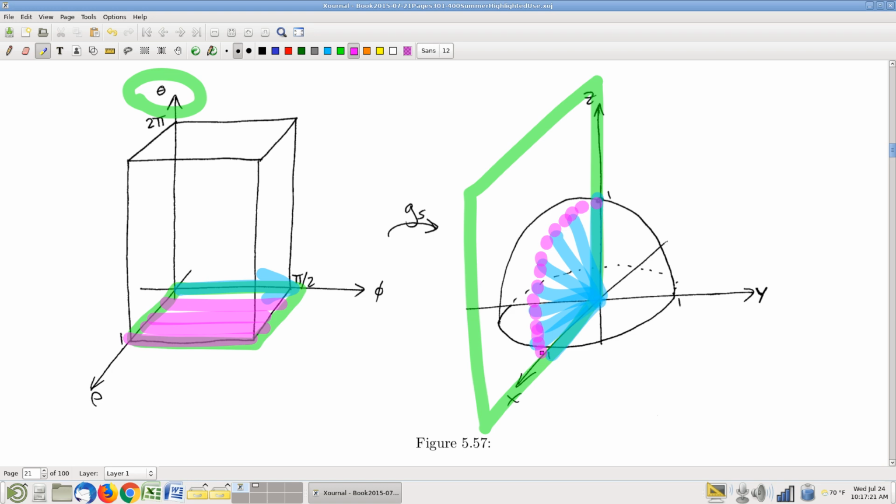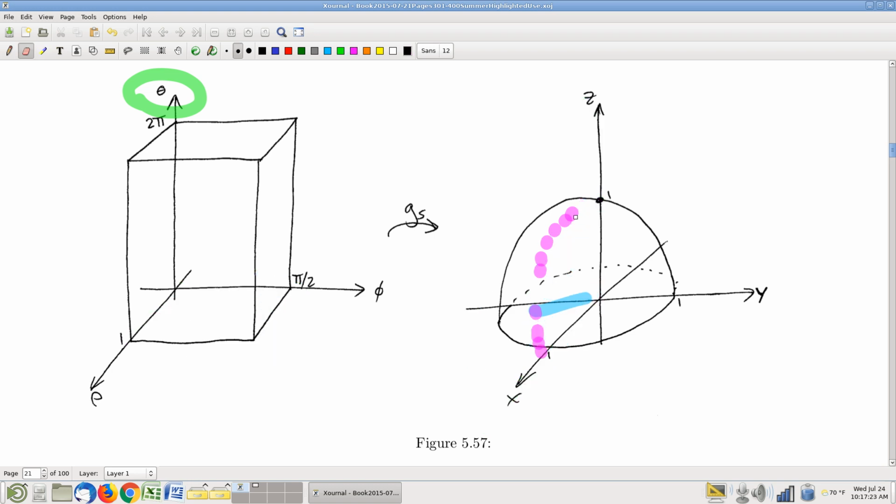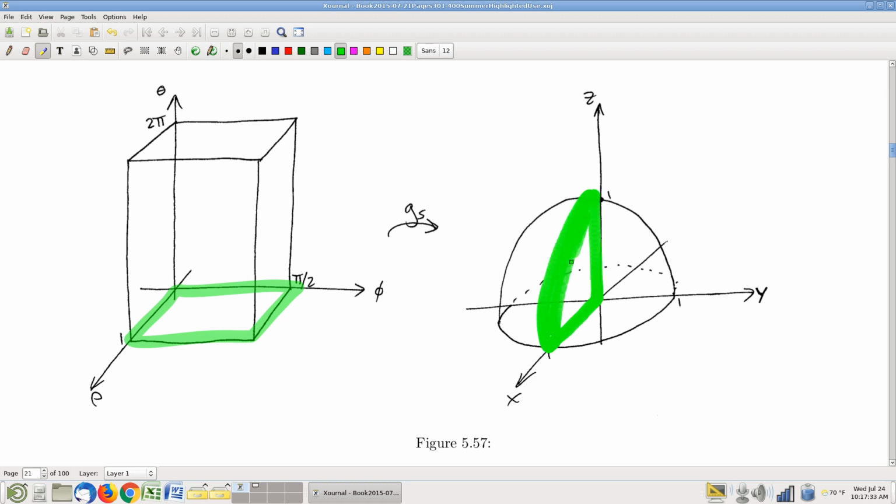So all together then, messy picture, but all together this has as its image that little quarter disk in the xz positive x slice of that half ball. Everybody on board? See how the geometry works there.